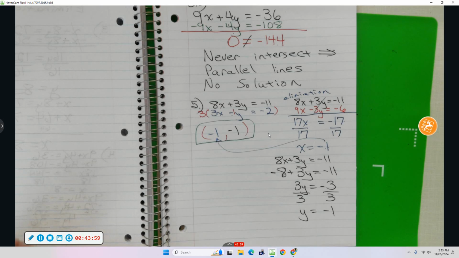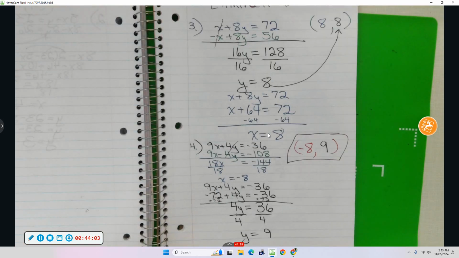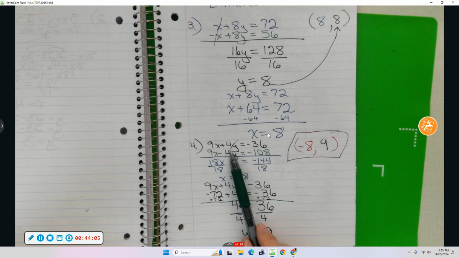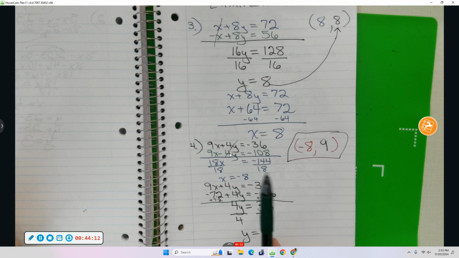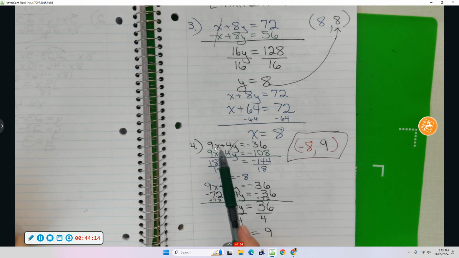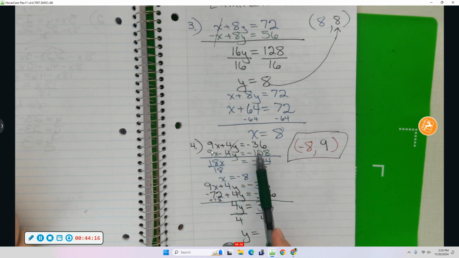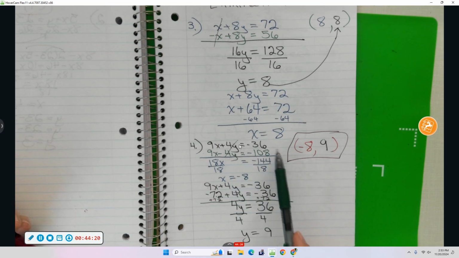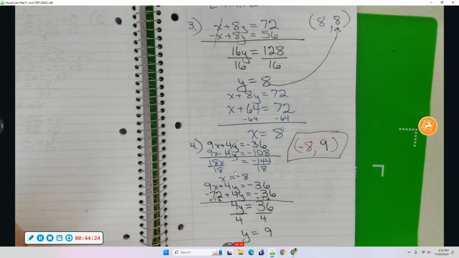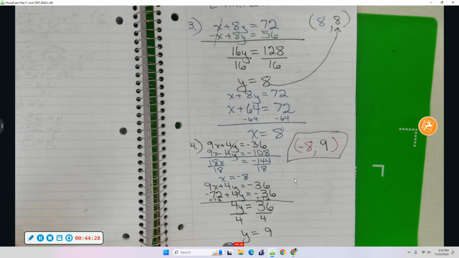Like on number 4, I certainly wouldn't want to use substitution, because regardless of which variable you solve for, if you solve for x, you'd wind up with a denominator of 9. If you solve for y, you'd wind up with a fraction and a denominator of 4. So if you're trying to avoid fractions as much as possible, elimination is better than substitution.